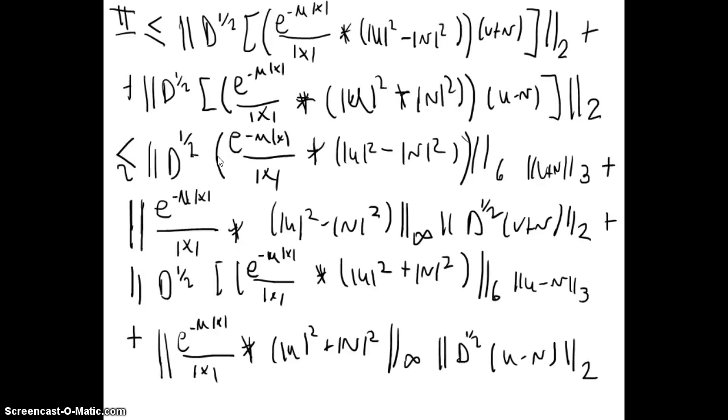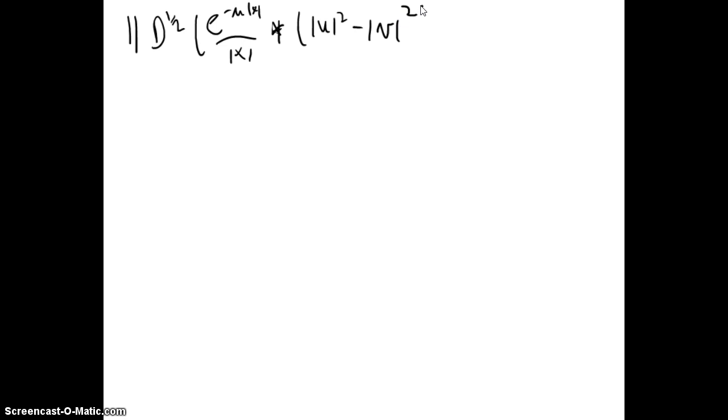So now we want to bound this one, for example. This time it has a D^(1/2), so we want to bound D^(1/2) of e^(-mu|x|)|x| convolved with u squared minus b squared in norm 6.